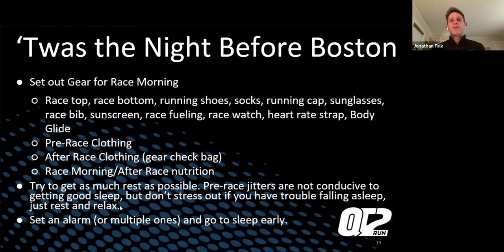Set up pre-race clothing. Generally speaking, with Boston, they used to be able to take your drop bag to the start. Now, if you're not aware of this, you check it before you get on the buses. There's an area you drop it off, and that's where you pick it up after the race. It's close by to where you get aboard the buses. So what you bring to the start, I think it's like a quart-sized bag.